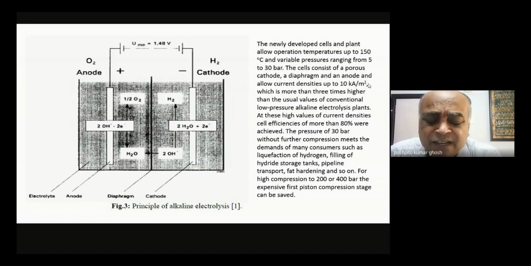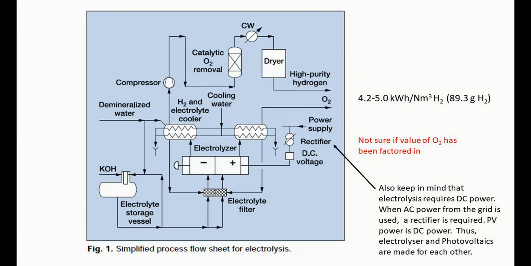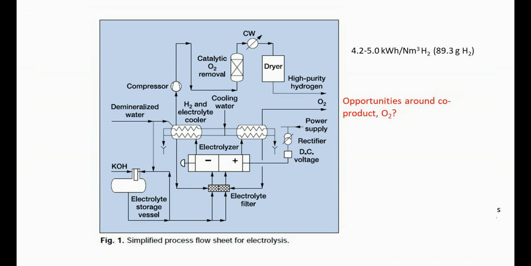It's an excellent, very high current density, and that is what makes this alkaline electrolysis so very attractive. And you do your electrolysis and you get your hydrogen and oxygen, and there are of course ways of completely cleaning up the hydrogen and oxygen.